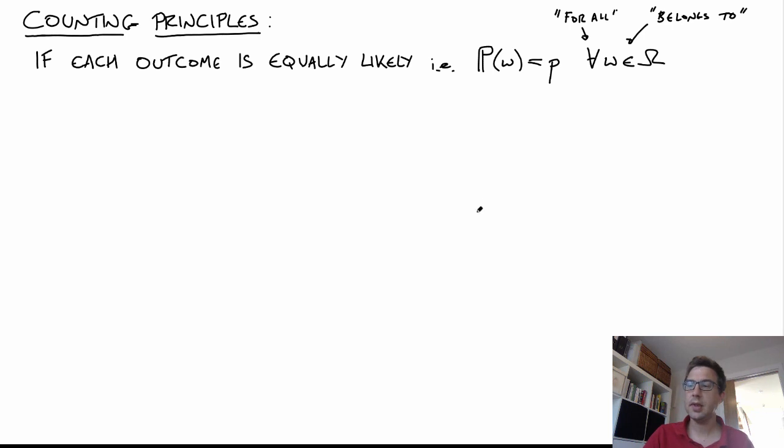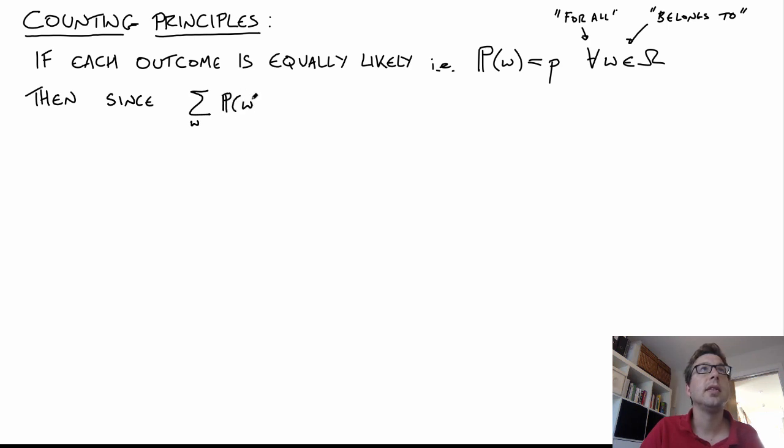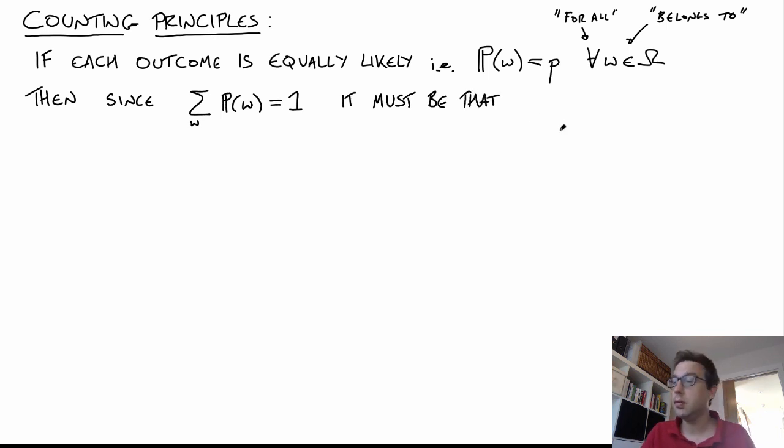All right. Now, since probabilities are positive and sum up to 1, for each outcome, then if we sum up all of the outcomes in this sample space, since that must sum up to 1, we can specify the probabilities of each outcome.